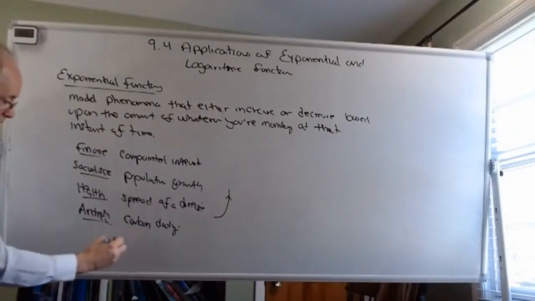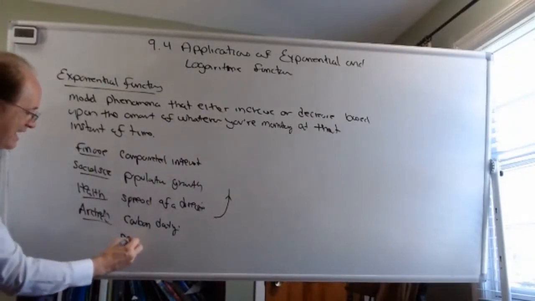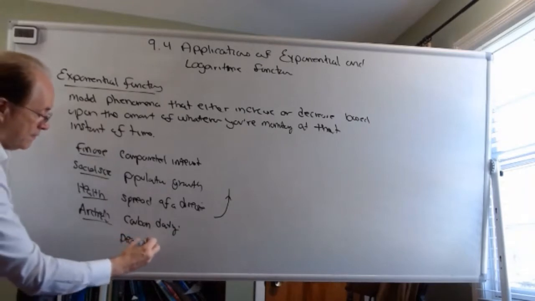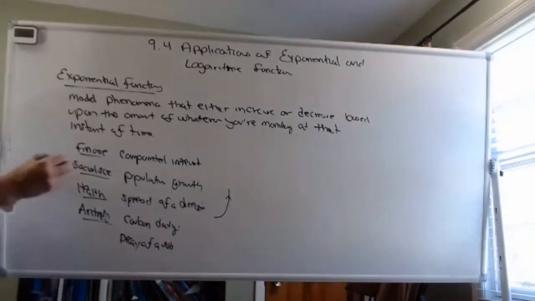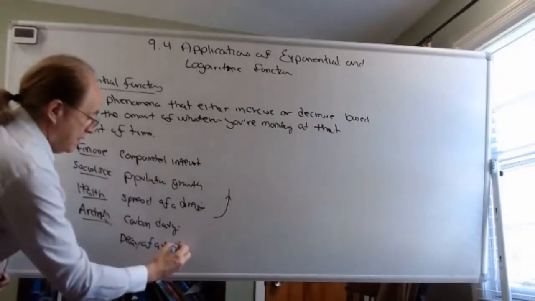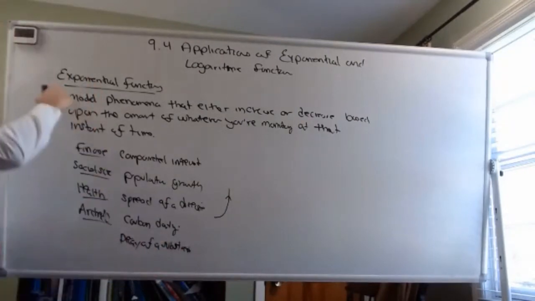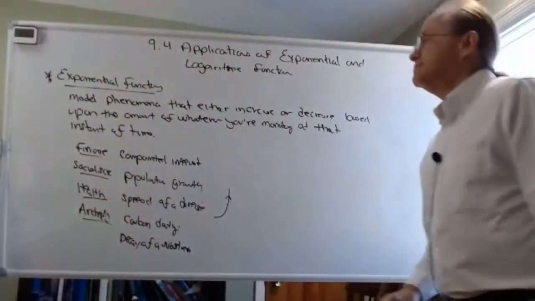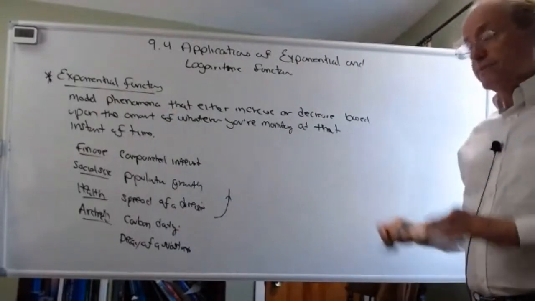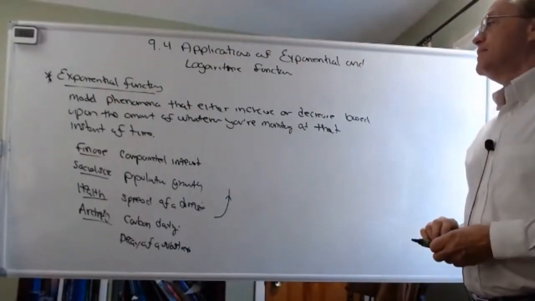So this models the decay of a substance, either in the environment or in our human bodies. This is all modeled using an exponential function. Okay, we'll look at a couple of types of models like that.